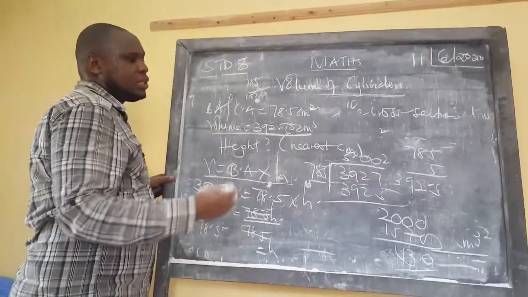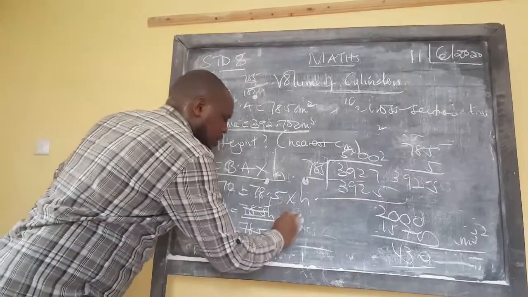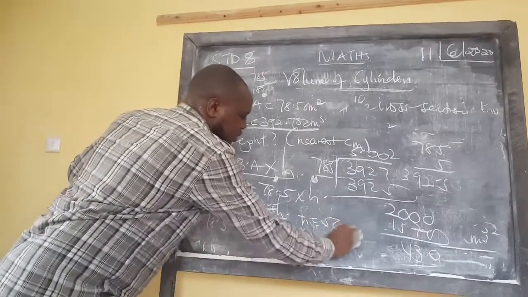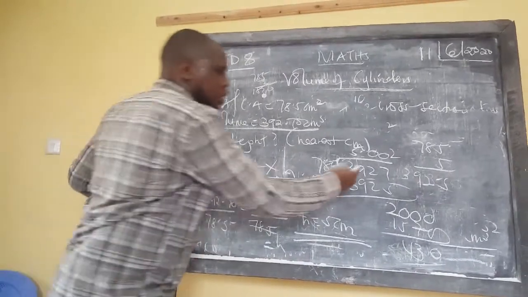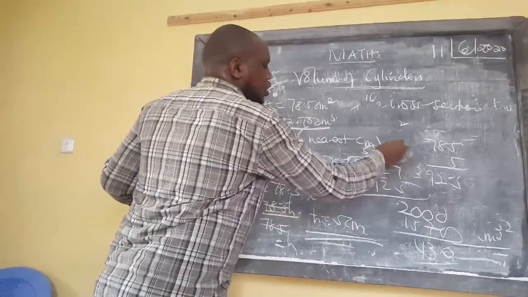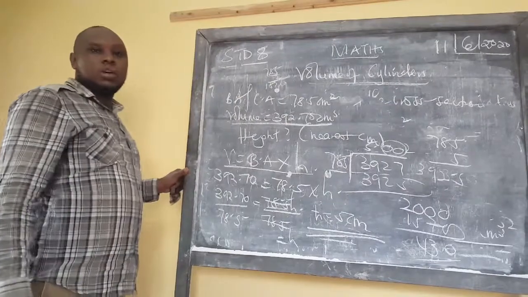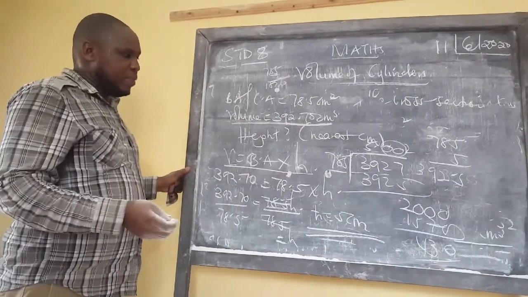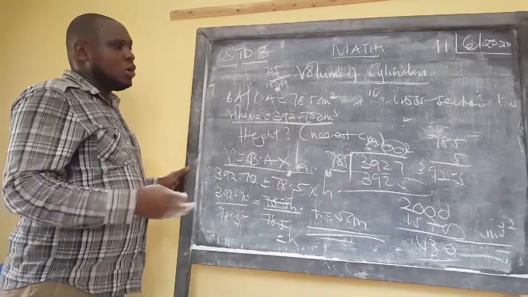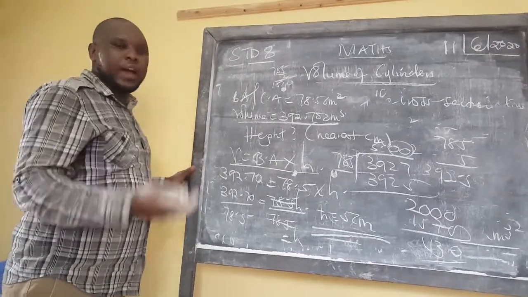The nearest centimeter is actually 5 centimeters. So our height is 5 centimeters. Even if we continue, it will be 5.00, a value that is 5 point something tiny. It's 5.002, which is simply 5 centimeters.